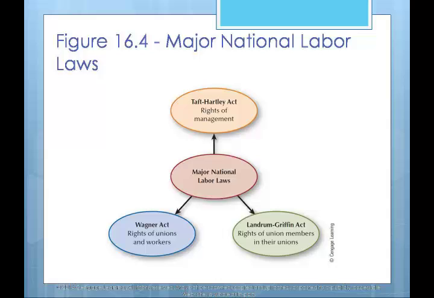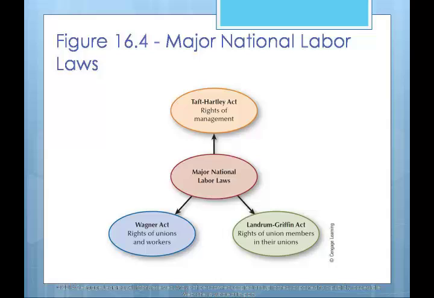And the Landrum-Griffin Act is the third of the major labor laws in the United States. It really does create a democratic institution to which union members freely vote, elect officers, and approve labor contracts.